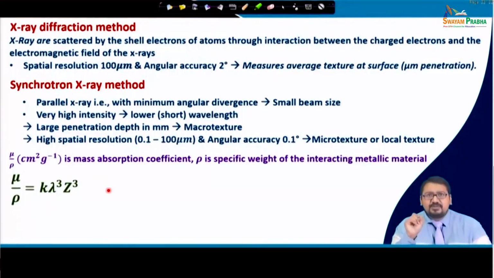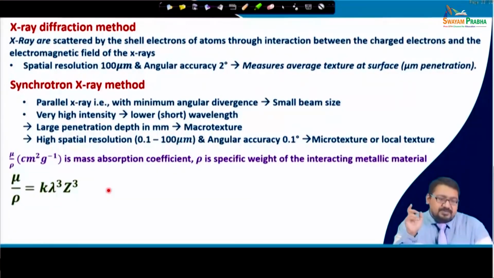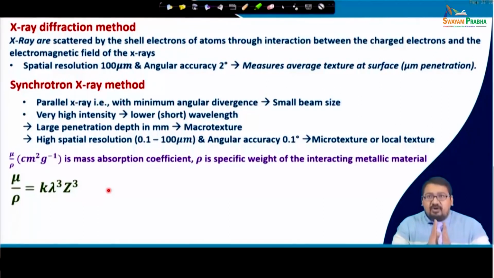Now this mass absorption coefficient depends upon a constant k, lambda to the power cube, and Z, which is the atomic number of the interacting material, to the power cube. Right. Now lambda is basically the wavelength of the incident radiation. In this case it is X-rays. In case of neutron or electron it will be of neutrons and of electrons.